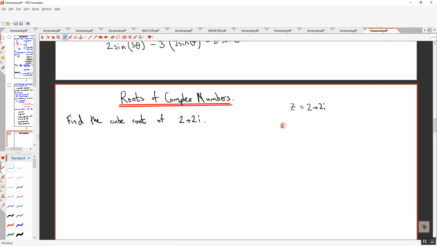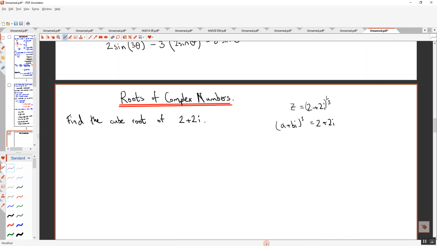And z is a complex number, so I've got a plus bi. And if I want to find the cube root, so this is to the power of a third, then if I cube both sides, I'll get something like this. And then I would expand all this using binomial expansion, and I would equate the real parts and equate the imaginary parts, yep. And that'll be able to give me a value for a and b.